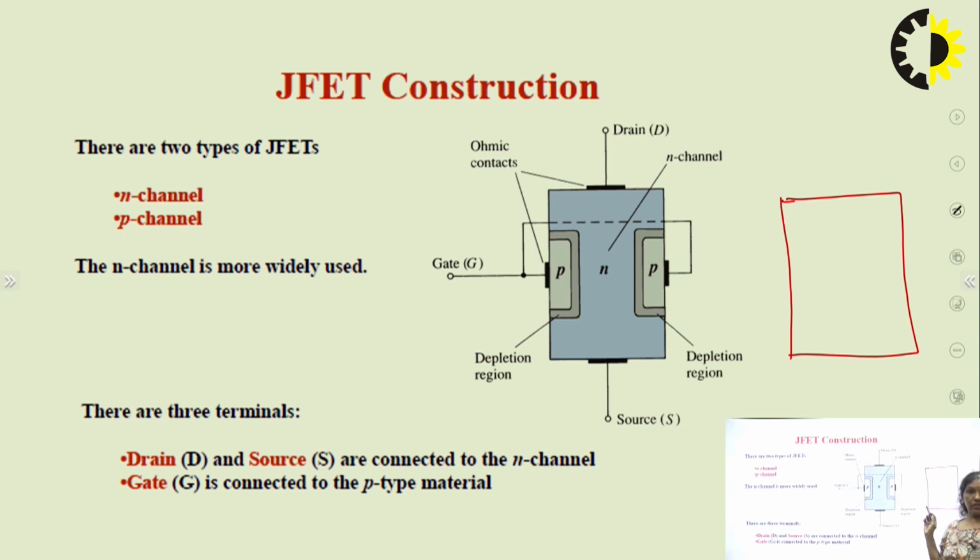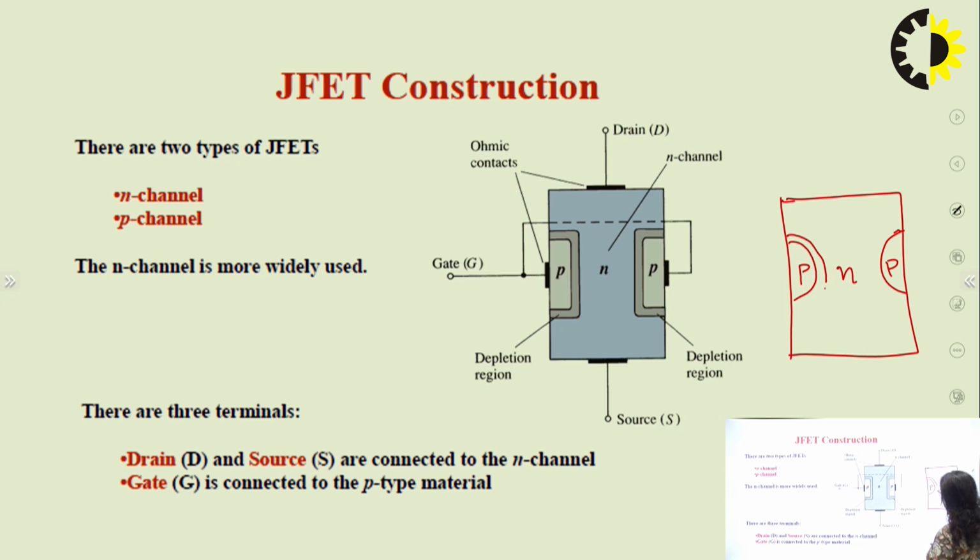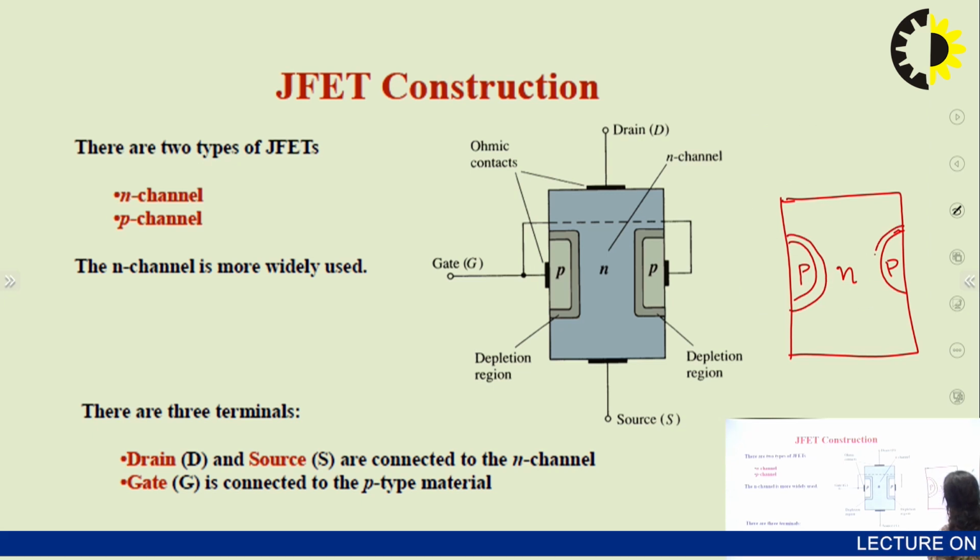Coming to the construction part, we take the N type semiconductor material substrate and diffuse two P type semiconductor materials. Because of the concentration gradient, depletion layer formation takes place.